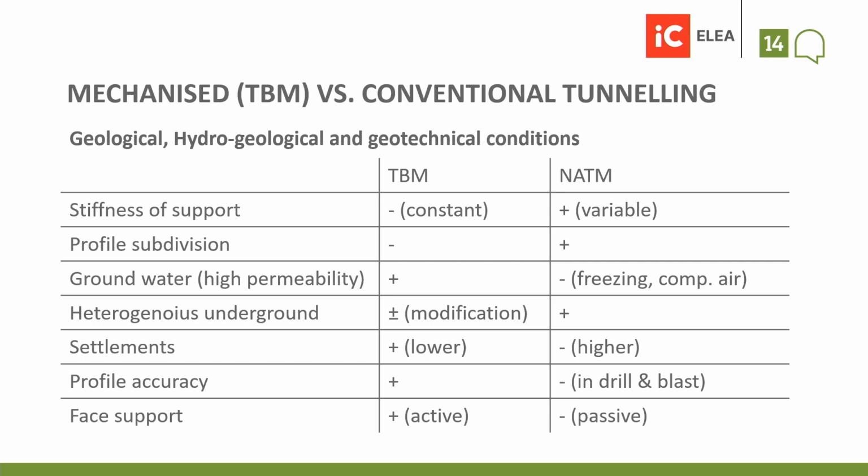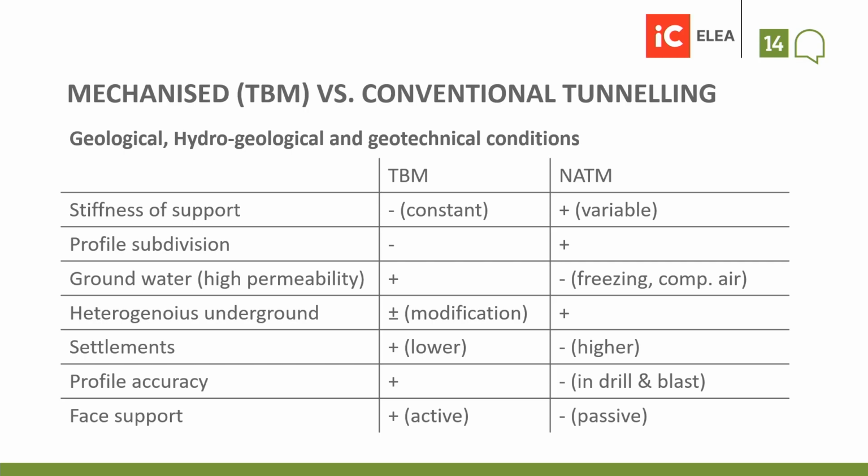Due to the active face support in a TBM tunnel, the groundwater in the vicinity of the tunnel does not get lowered, which also leads to lower settlements in general. In the former days of TBM tunneling, the machines were only able to advance in almost homogeneous ground. So an EPB, for example, was only able to advance through soil.